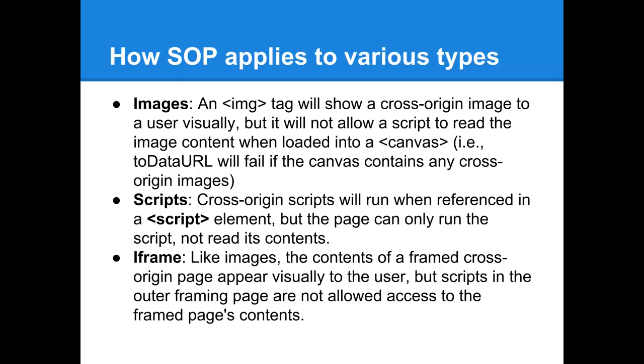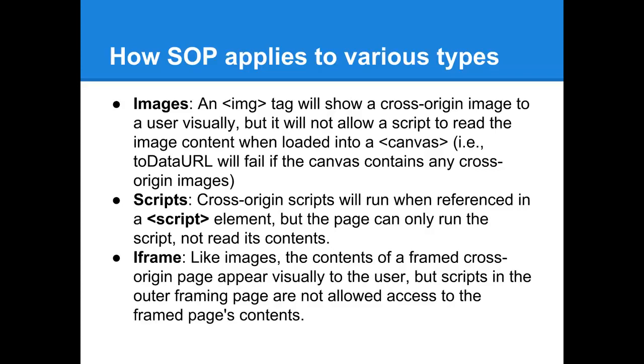SOP affects HTML objects depending on what their type is. For images, it will always show an image regardless of the origin to the user, but it will not allow scripts executing on the page to access that content, especially when it's loaded into a canvas object. For scripts, this is the interesting case. The page will always run every script that occurs on it, which should raise a major red flag for any student.